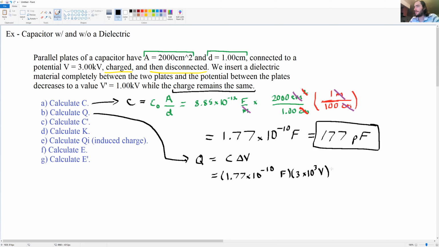And so, you know, we can probably just do this one in our head, right? 3 times 1.77, right? You're gonna have a 1, a 3, and a 5. And then, you know, do your orders of magnitude as well.